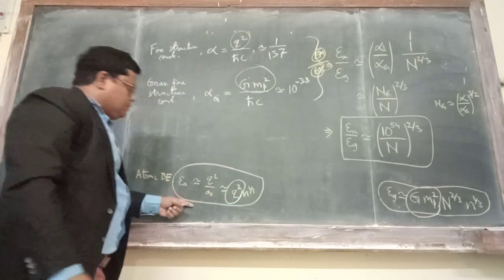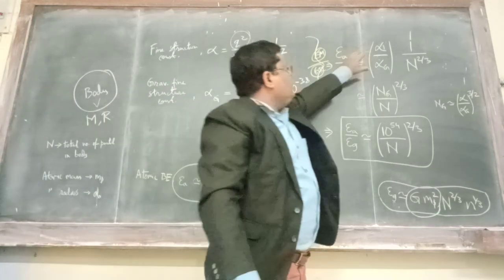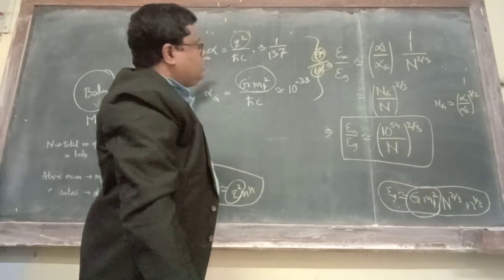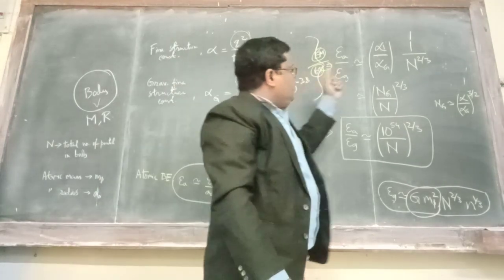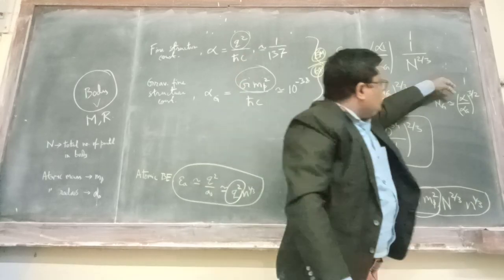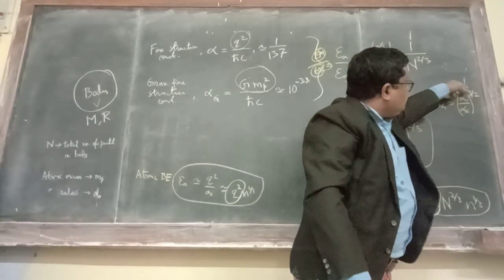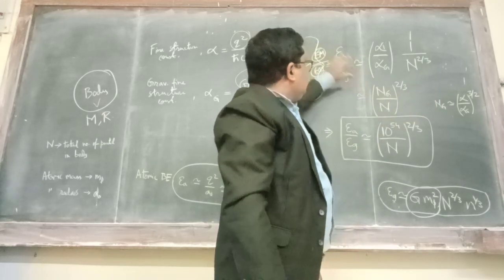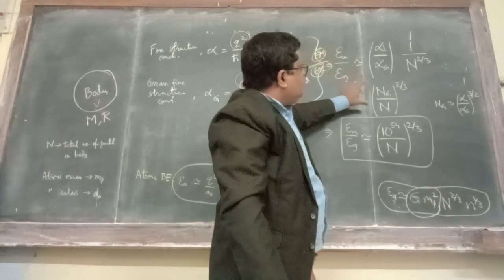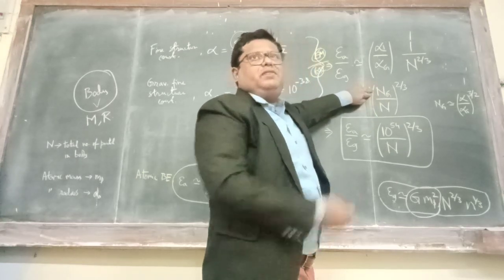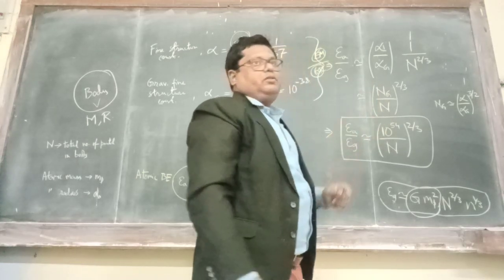these two expressions I can boil down to this form using these structure constants. And again, if I introduce a new constant, which is epsilon by epsilon g to the power 3 by 2, known as N_g, then this comparison simply boils down to this result. Now if you estimate it, you will get this value.